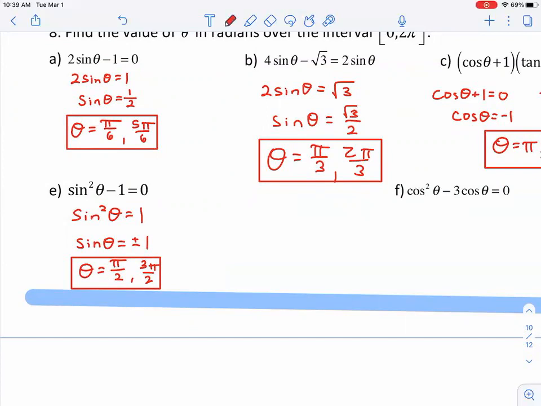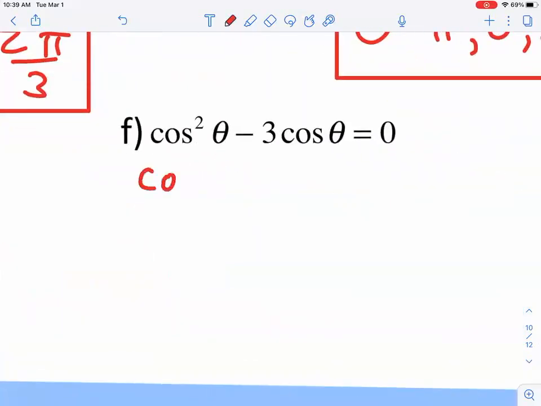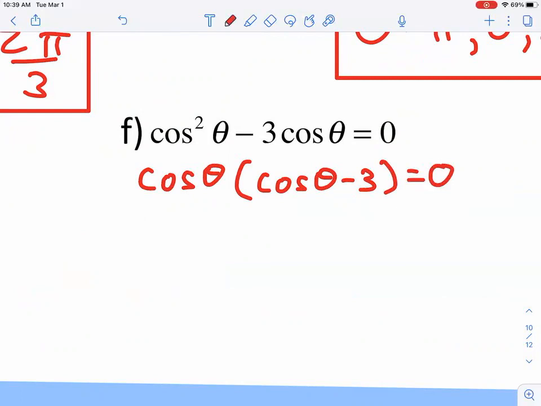All right, and F, similar problem. I think I can factor a GCF, factor a cosine out of the left-hand side. So I get cosine theta times cosine theta minus 3 is equal to 0.